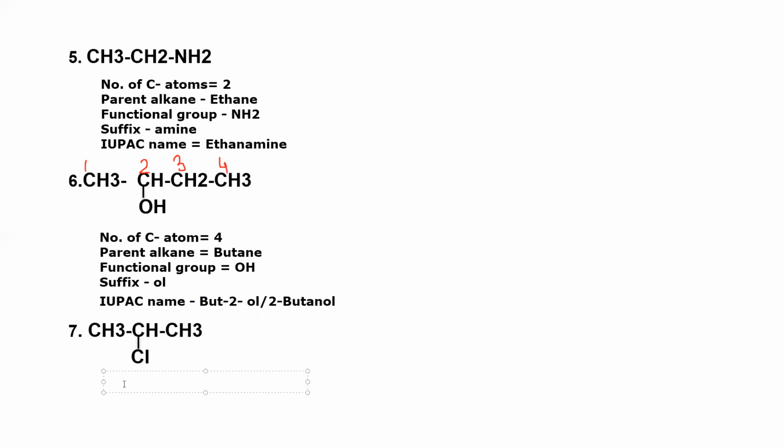The last one is CH3CHClCH3. How many carbon atoms are there? Count the number of carbon atoms. The number of carbon atoms present is 3. Okay. What is the name of the parent alkane?